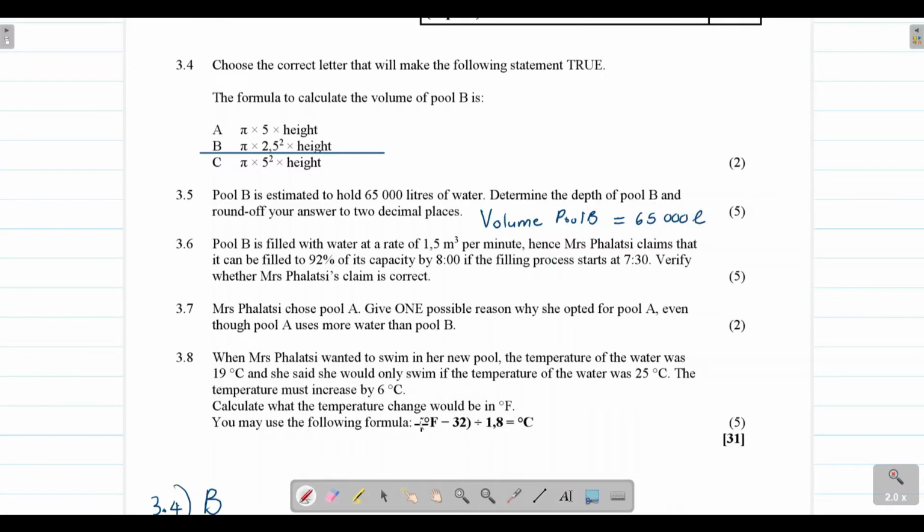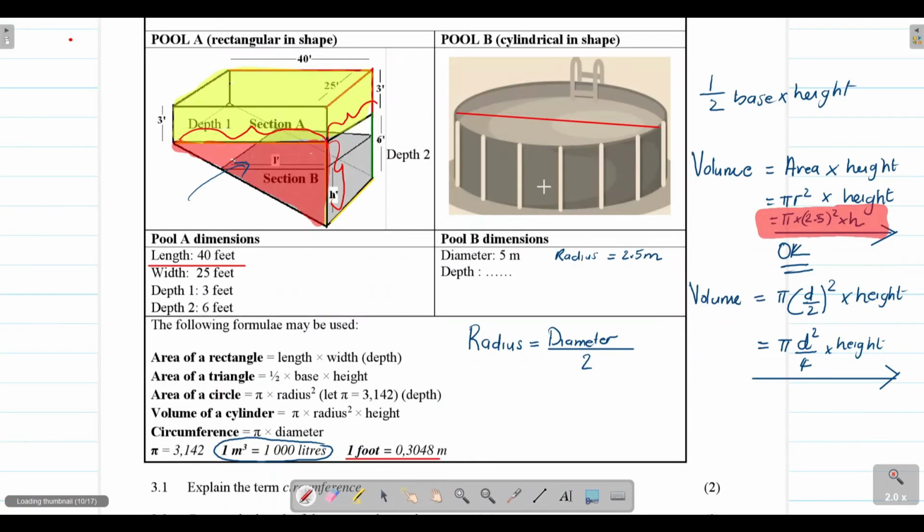Now we need to use all the information that is given to us to determine what the depth of pool B is. How deep is this pool? That is the depth that they are looking for.